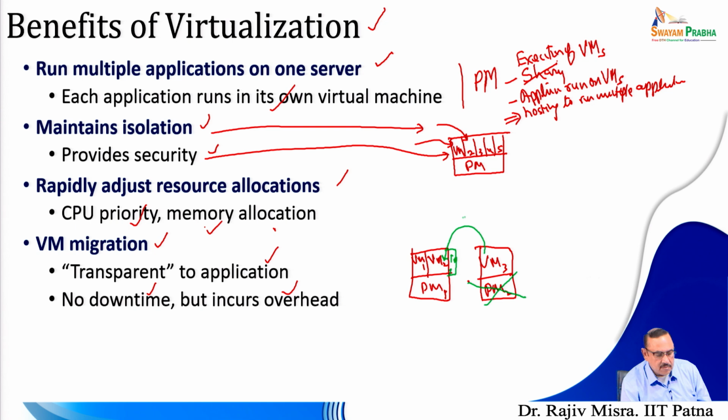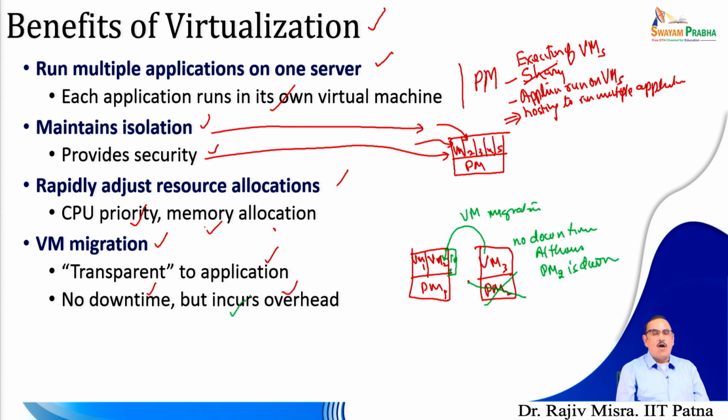This is called VM migration. So, this VM migration ensures no downtime, although physical machine 2 is down. The services will continue to operate due to the virtual machine migration, but it incurs a little overhead.